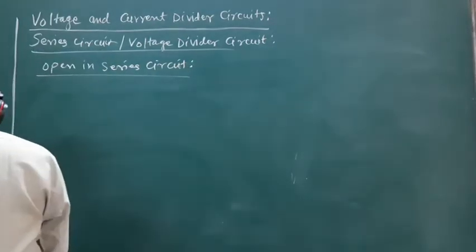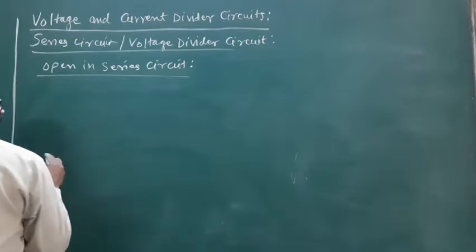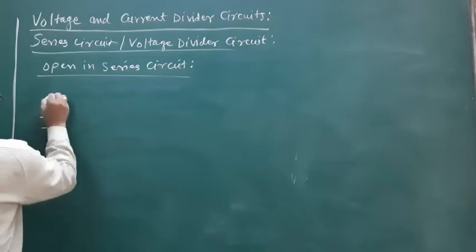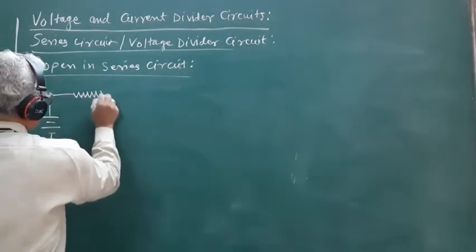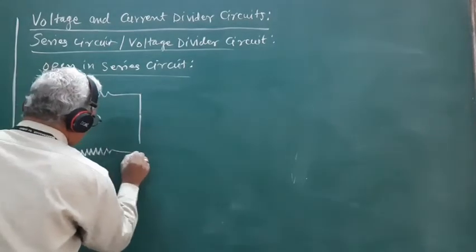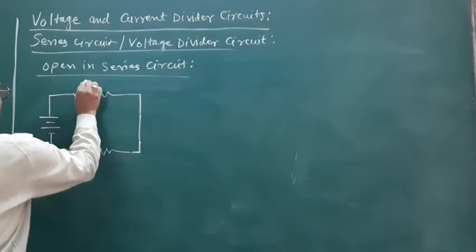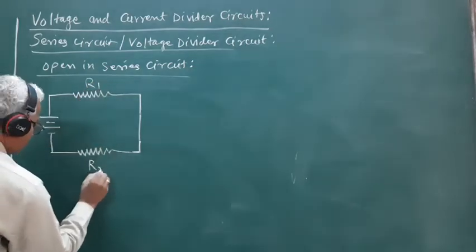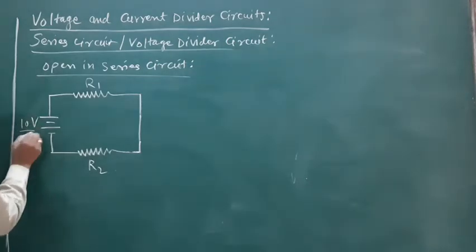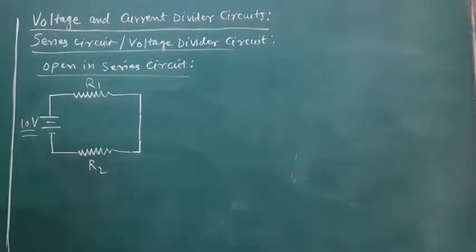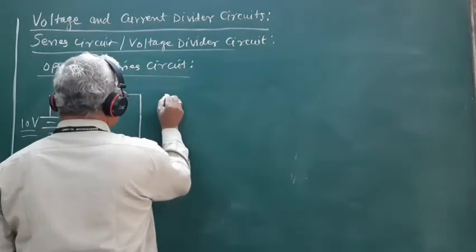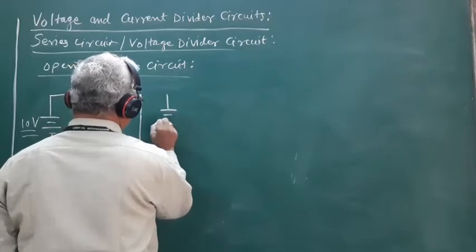Suppose we have this source of EMF of 10 volt and the two resistors R1 and R2 connected in series across this source. Now, if an open appears in this series circuit, what will happen?